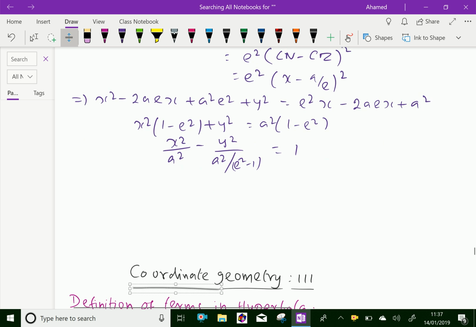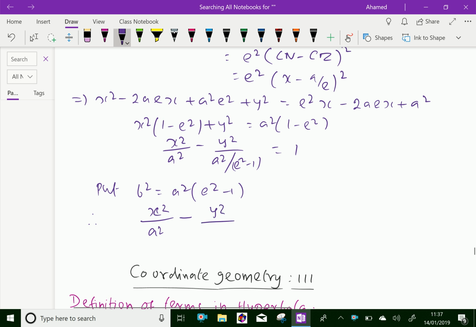Now let us put b square equals a square into e square minus 1. Therefore, finally you can get the standard form of the equation of the hyperbola as x square over a square minus y square over b square equals 1.